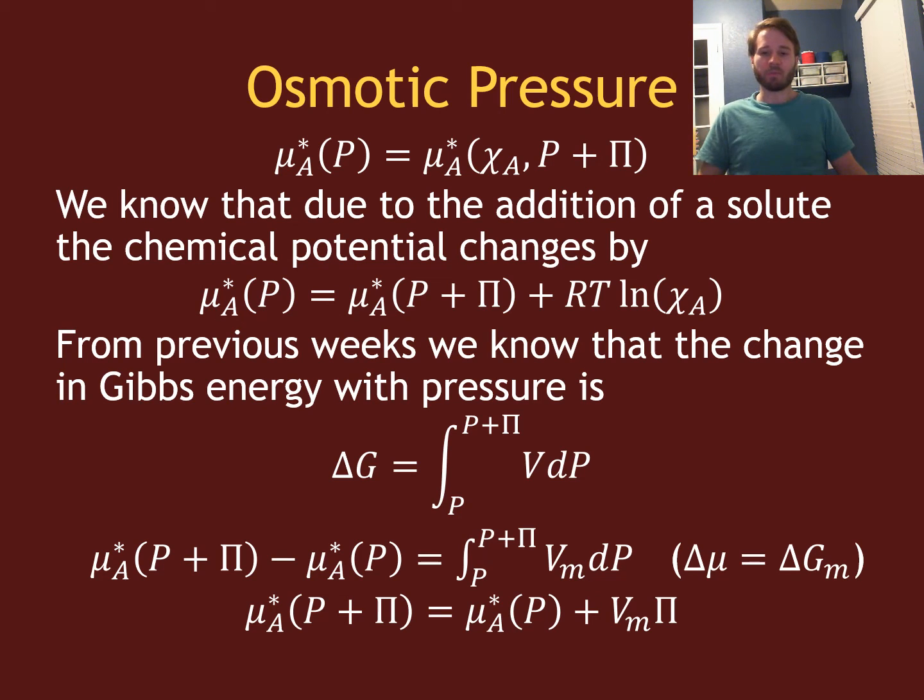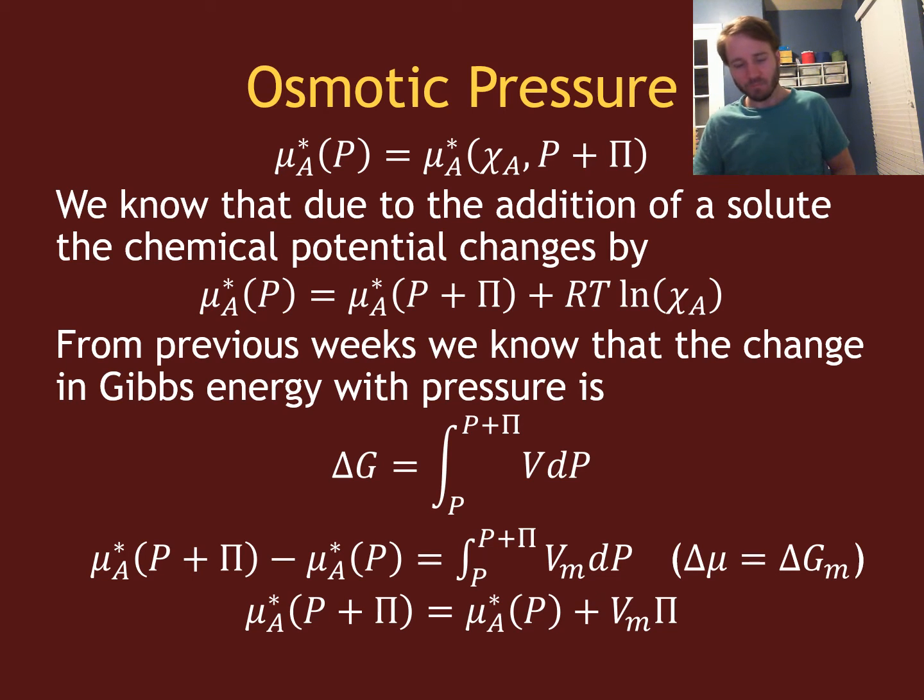And then we've shown before that some change in Gibbs free energy under constant temperature, due to a change in pressure of a liquid, is just an integral of that change in pressure, and the change in chemical potential is just the molar Gibbs free energy change, which will be related with the molar volume.